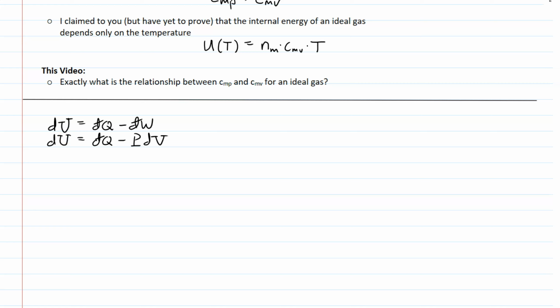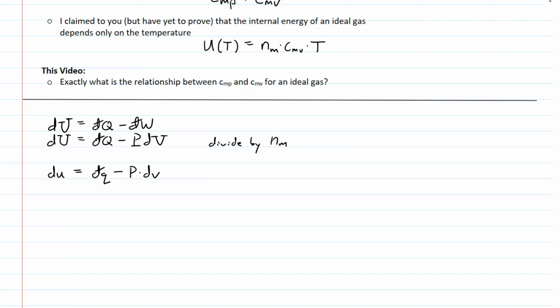Now let me divide both sides by the number of moles. On this side I get dU; the number of moles is constant, we're assuming it's a fixed container, so it just changes the capital letters to small letters, minus p times dv. So u is the specific internal energy, q is the heat added per mole, and dv is the change in the specific volume.